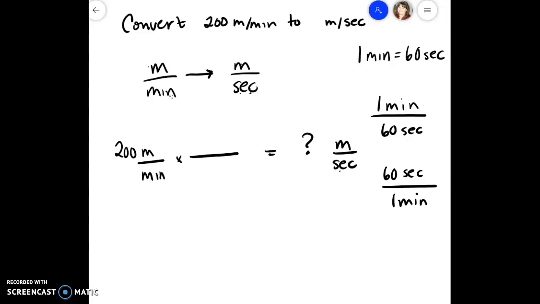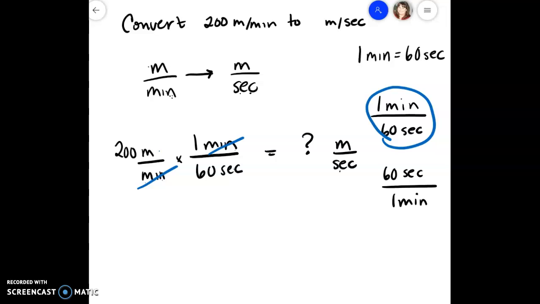If I want to get rid of minutes, I'm going to have to put minutes up top, because when they're in opposite locations, they will cancel. And I want seconds on the denominator. So I should choose this one. I'll put 1 minute here and 60 seconds down below. Now when I multiply, the minutes will cancel and the units will be meters per second.